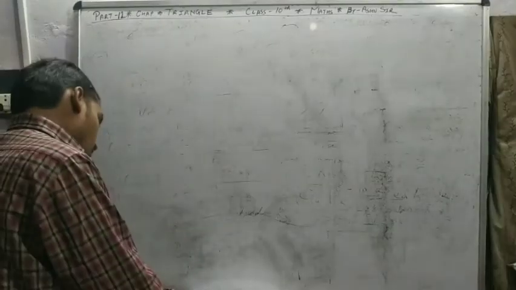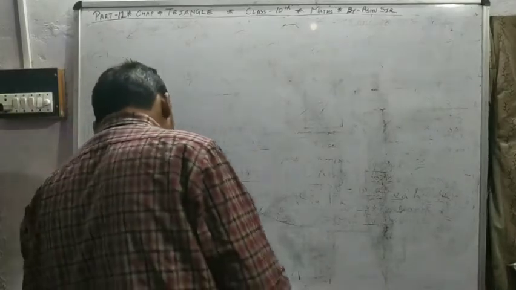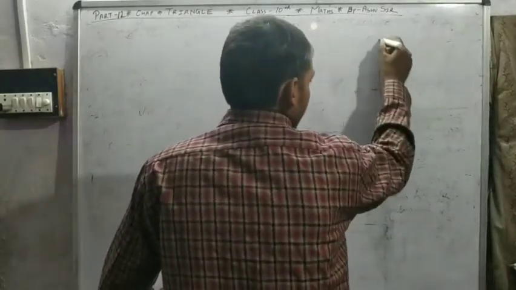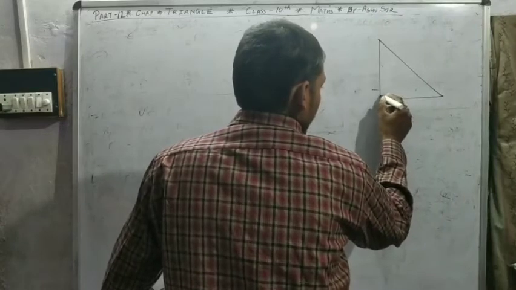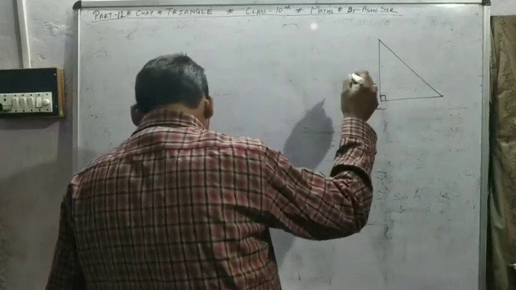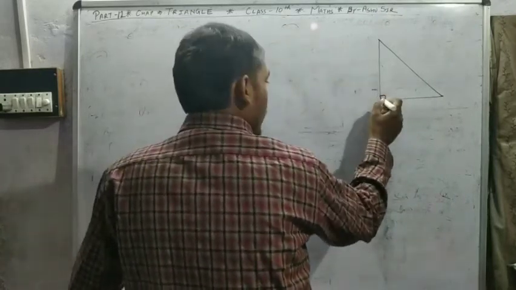So the question: in triangle ABC, right angle at C. CD perpendicular on AB.